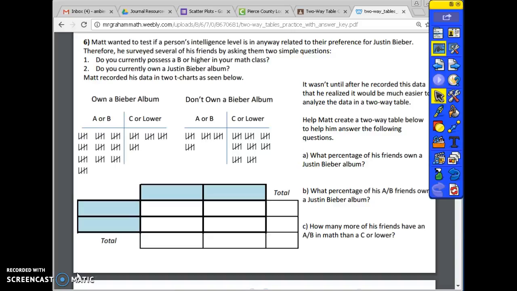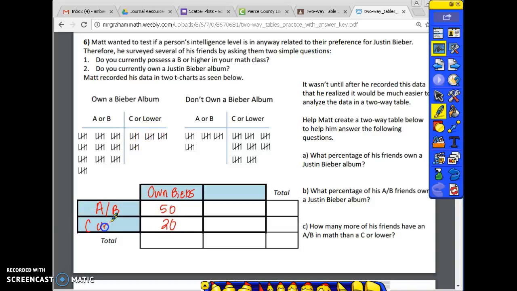So let's first look at the kids that own a Justin Bieber CD. 5, 10, 15, 20, 25, 30, 35, 40, 45, 50. 50 of them own a Bieber CD, so own Biebs, and have an A or B, that is 50. 5, 10, 15, 20 of them that own Biebs have C or lower. That gives them a total of 70 that own Biebs.